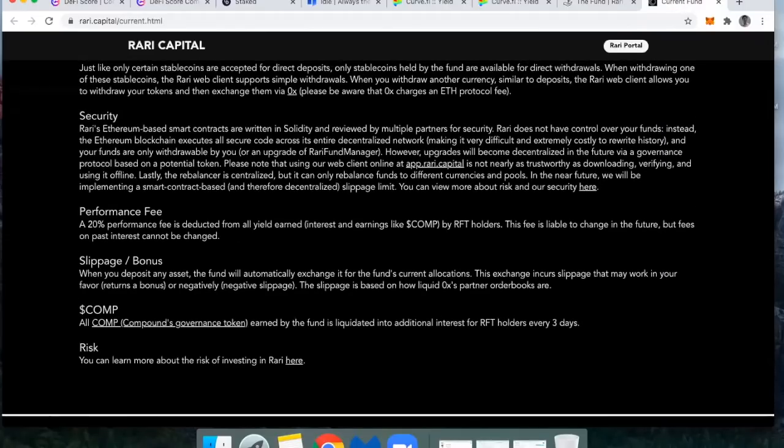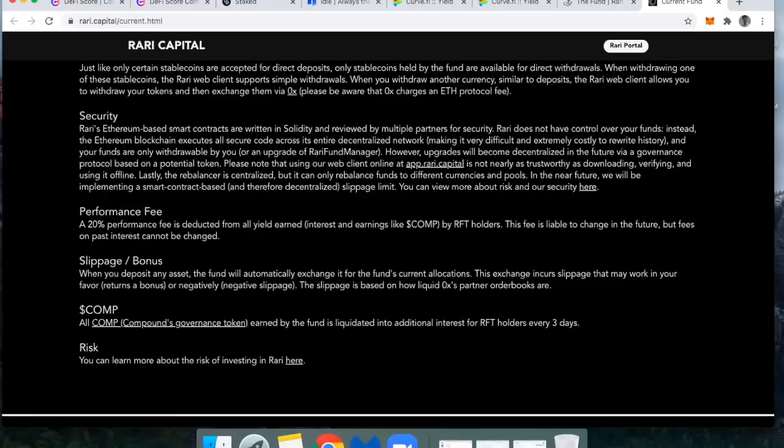Another thing worth noting is they call out that a 20% performance fee is deducted from all yield earned. That's interest and earnings like COMP. This is not something I'm aware of in terms of how this compares with Staked. Staked also has a performance fee, and I'm not aware of whether IDLE does. But anyways, just worth noting that. And I think at the end of the day, this app is new.